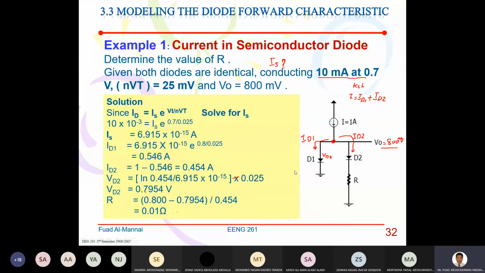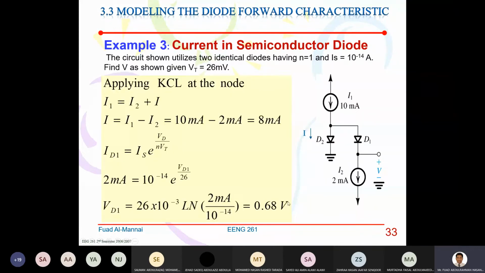So the voltage drop across the resistor is the voltage here minus the voltage drop here, divided by the current flowing, and that will give you 0.01 ohms. Any questions, guys? All right. Everybody understand?